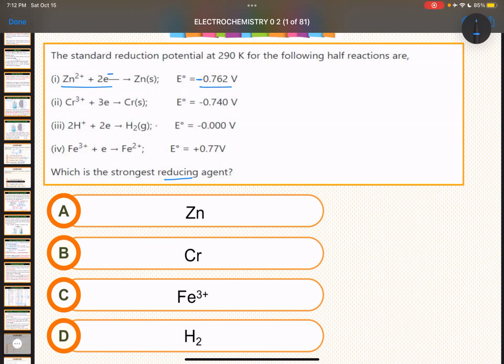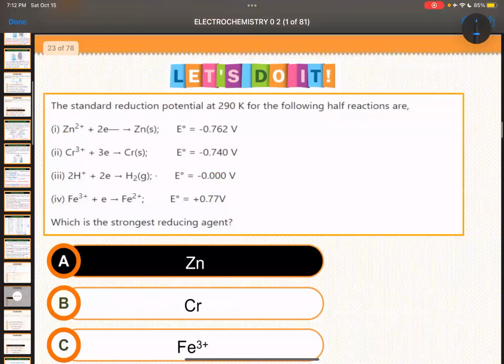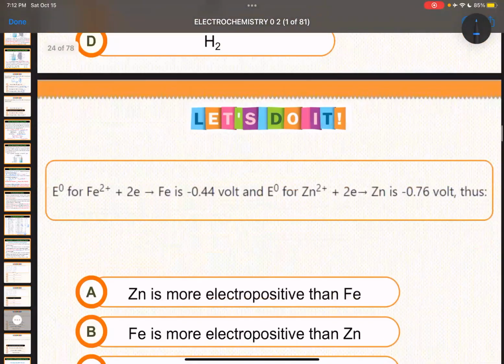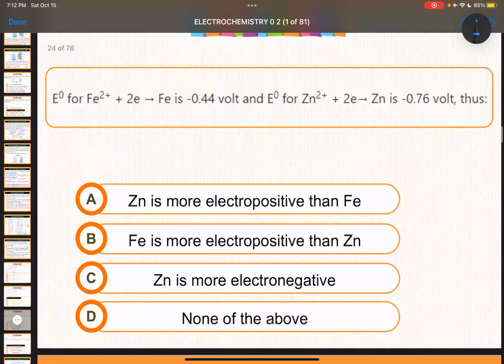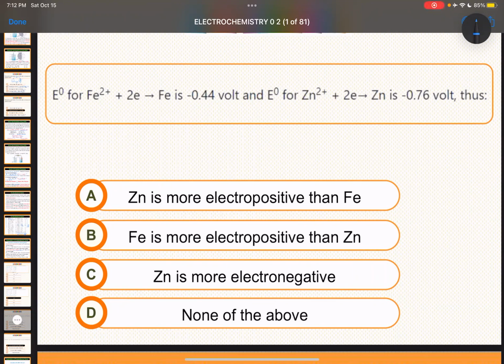And if you do the reverse, zinc will lose electrons very easily, right? So I hope this is clear. Okay. What about this one?